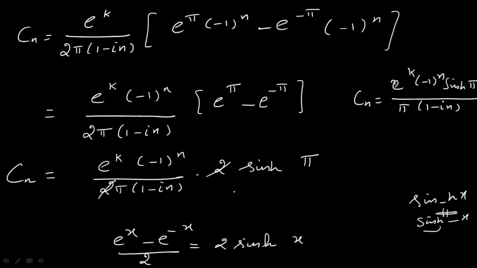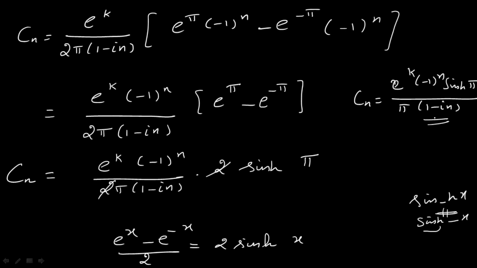We start this procedure up to this whenever the numbers in the denominator are in terms of real numbers. Here the denominator consists of the complex number 1 minus in. So to make it in terms of real numbers, as usual, you have to multiply both numerator and denominator by its conjugate.